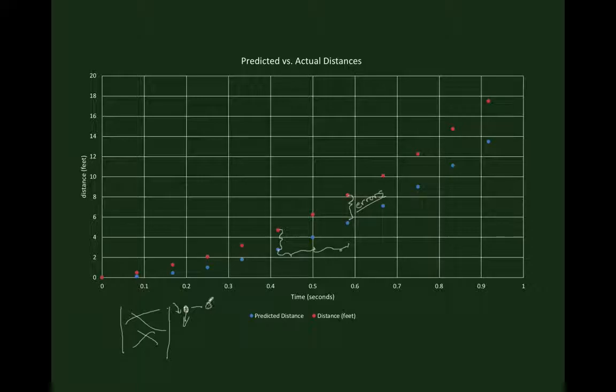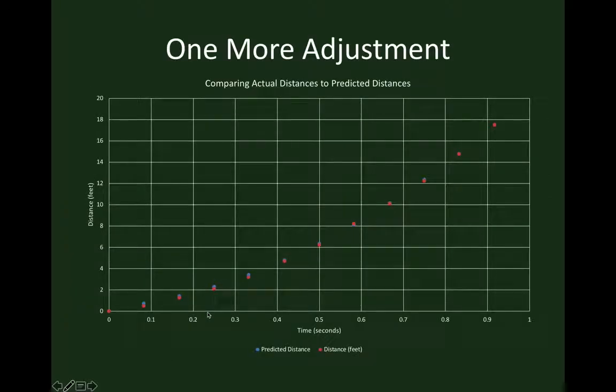And so what I realized was that the ball had actually been falling longer than the way I had the original time interval set up. So I made that adjustment. And once I made those two adjustments, the observed values and the predicted values are lining up really well.